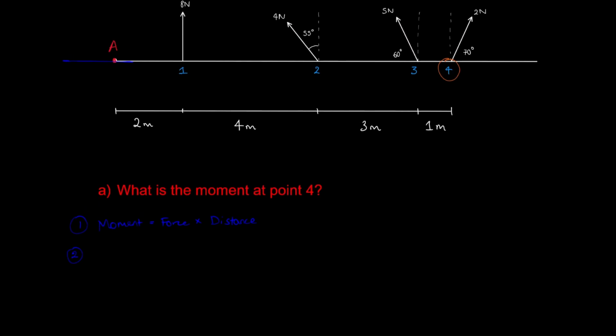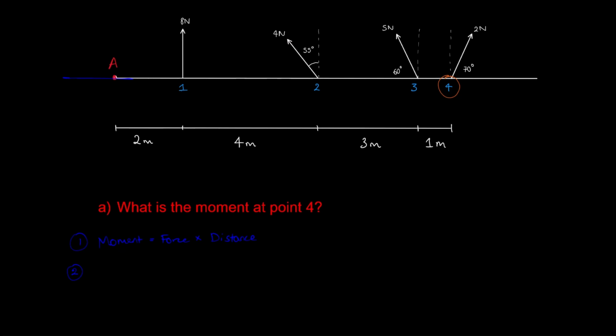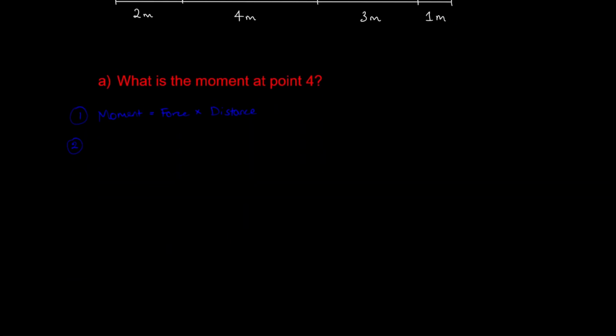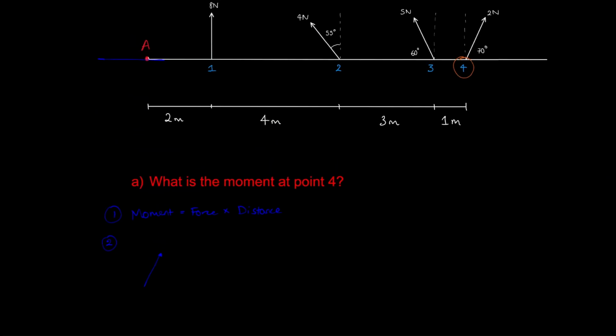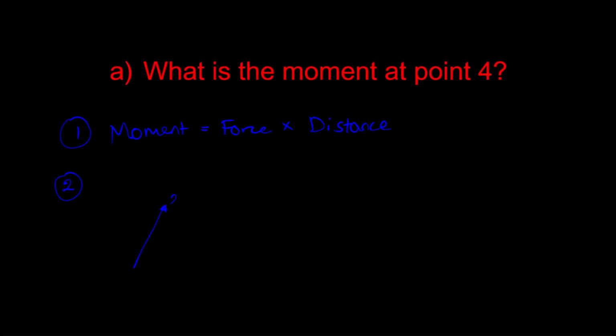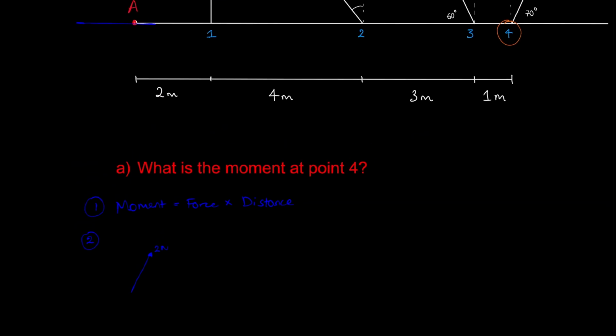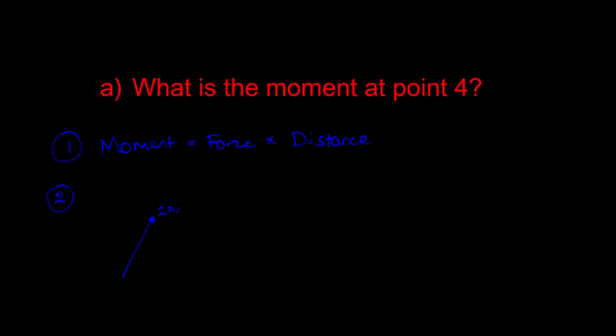So we've written out the equation: moment is equal to force times distance. Step 2 is we're going to break down the horizontal and vertical components of our force at point 4. So let's draw it out. We've got a force of 2 newtons, and the angle is 70 degrees.